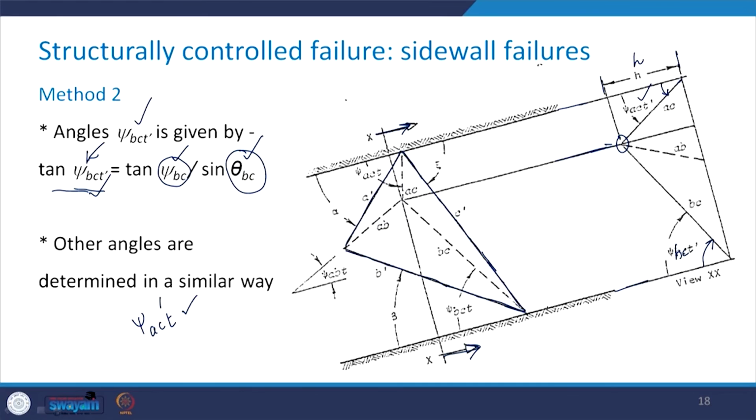So these were the two methods for the determination of the size of the wedge which can be formed in the sidewall of the tunnel and has the tendency to slide.